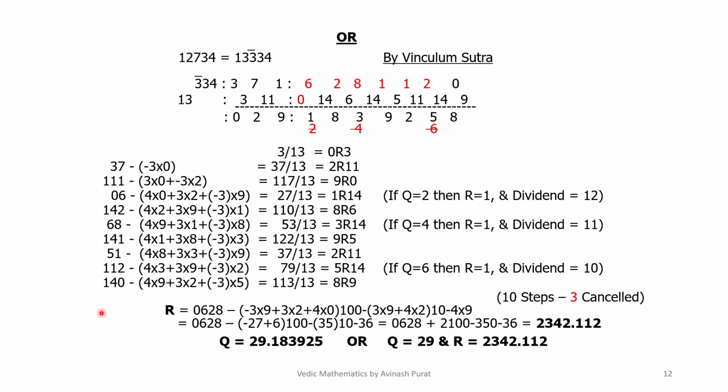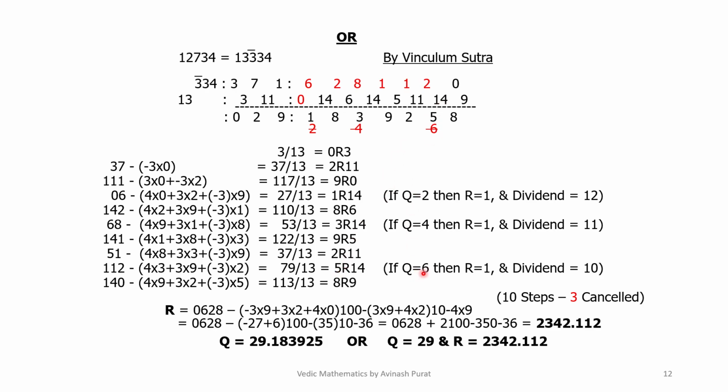So 112 remainder and dividend minus 4 into 3 plus 3 into 9 plus minus 3 into 2, that is 79 divided by 13 equal to 5 quotient and remainder 14.